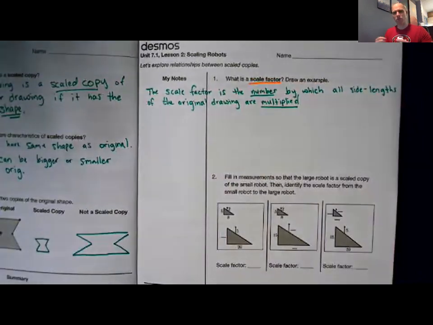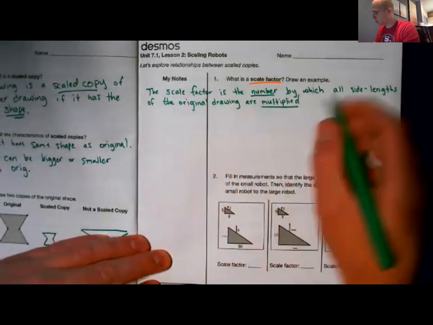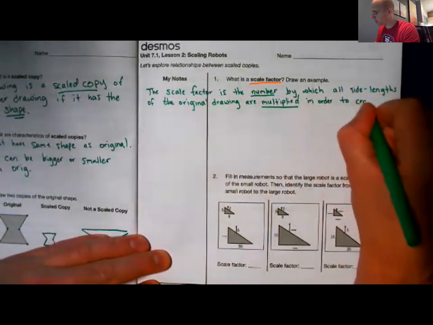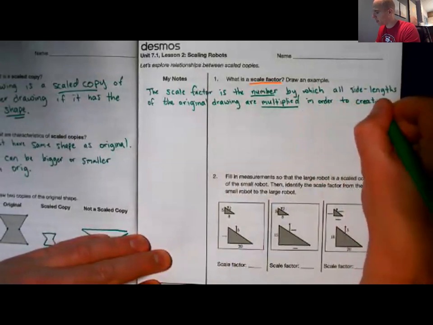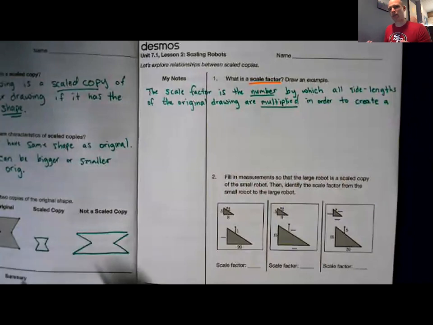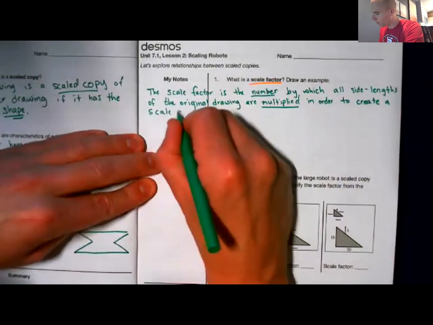I guess sometimes we might do some things in reverse and do some division to find a scale factor, but when you're using the scale factor, the way you should think of the scale factor is it's a number that's multiplying an original to make a scale drawing. So the number by which all side lengths of the original drawing are multiplied in order to create a, the curriculum, Desmos likes to say scaled copy a lot. I also like to say scale drawing. Those mean kind of the same thing. To create a scale drawing.